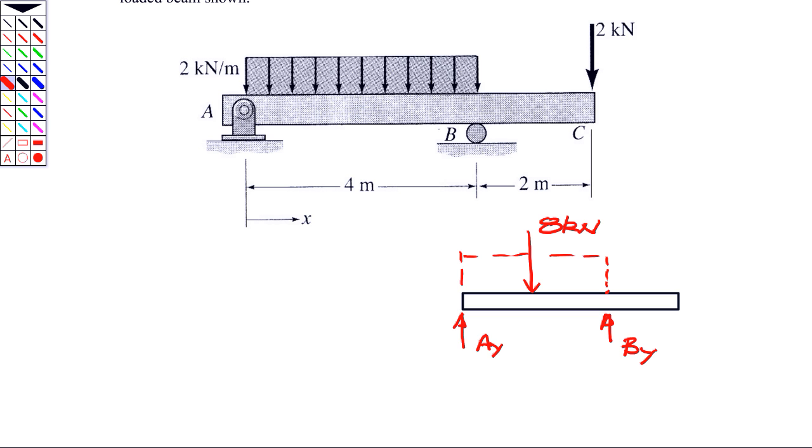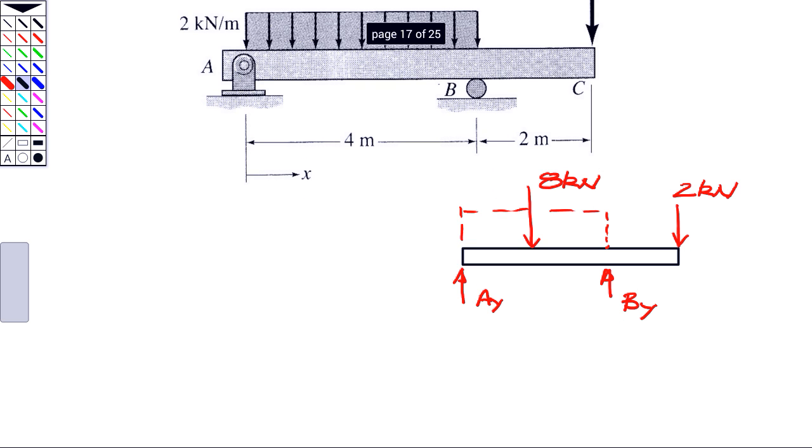And we have the external force of 2 kilonewtons acting on the right side at C. For my force and moment calculations I'm going to use a set of coordinate axes shown here, x to the right and y up. This way, by the right-hand rule, z is coming out of the screen.